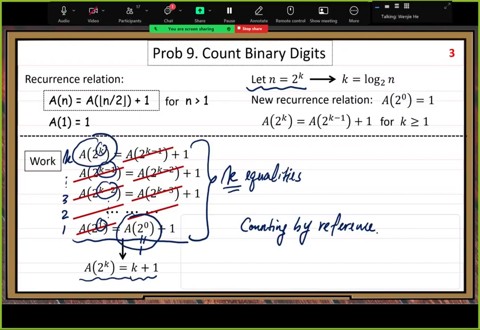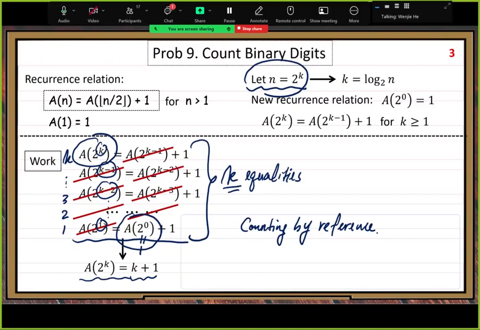So you find the solution for the special case n equals a power of 2. But you need to write your final solution in terms of n, not k. K is an intermediate variable.